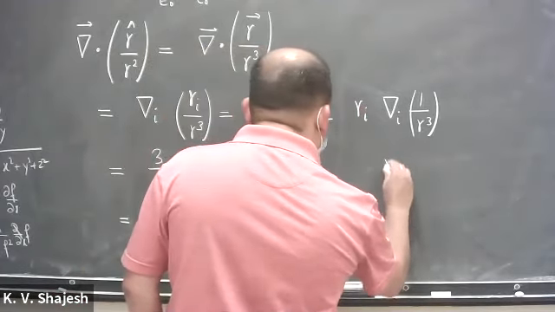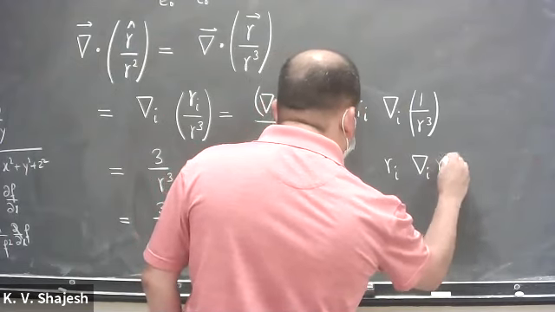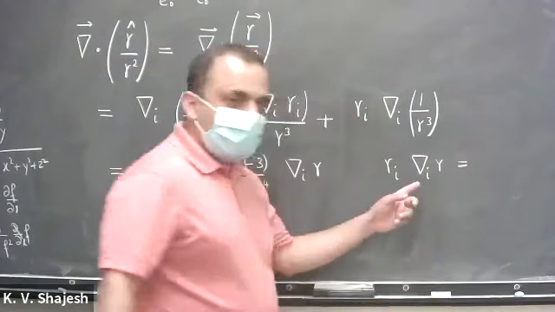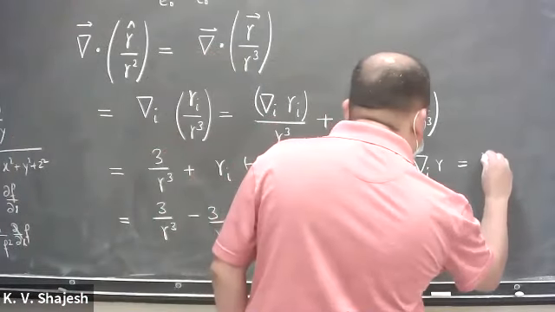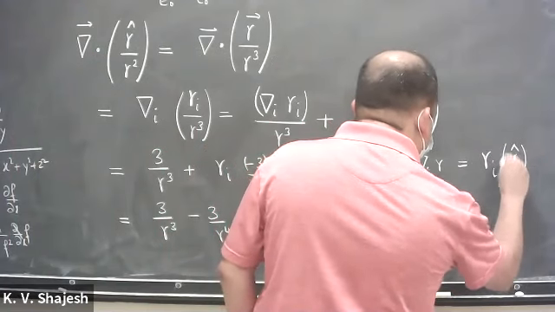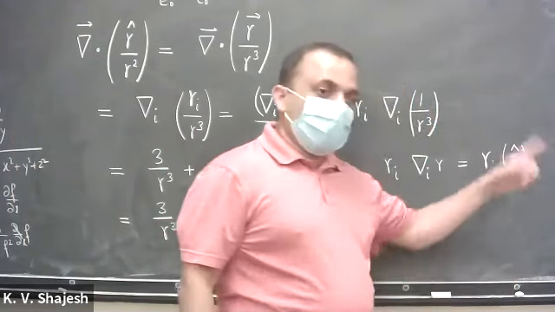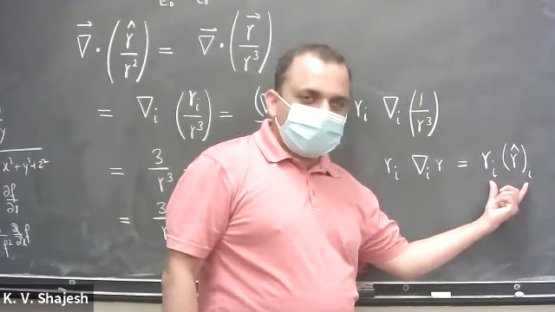So this was Ri times gradient of R, correct? This is where we began from. This we said is R hat, the ith component of the vector R. If you have two i's, that's a dot product.